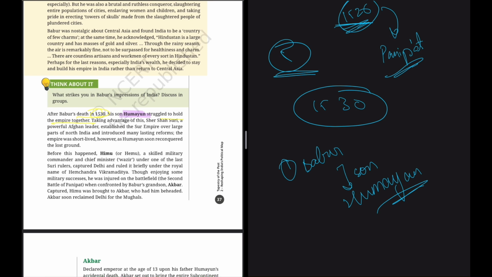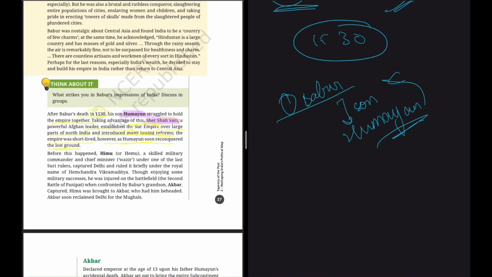It was not easy for him to take his father's place. Taking advantage of this, Sher Shah Suri, a powerful Afghan leader, established the Sur Empire over large parts of North India and introduced many lasting reforms. But the empire was short-lived, as Humayun soon reconquered the lost ground.